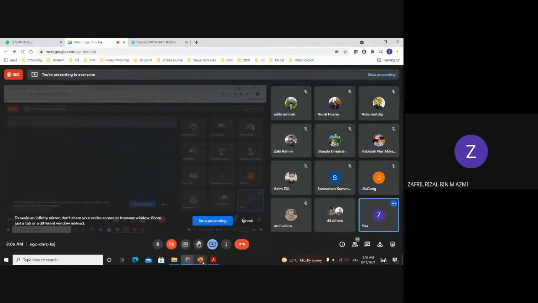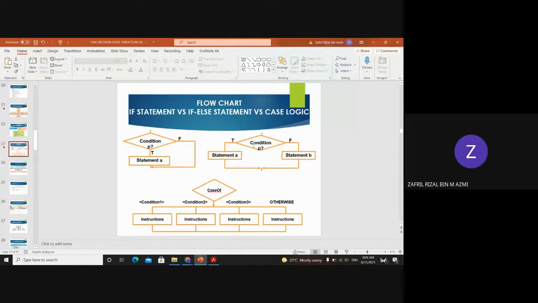Compared to that, the difference between dual selection and single selection is that there is a statement for both branches. If true, there is a statement, and if false, also a statement. For dual selection, we are only using a single diamond.